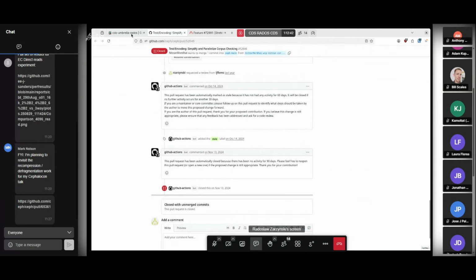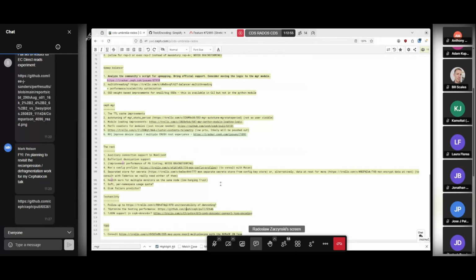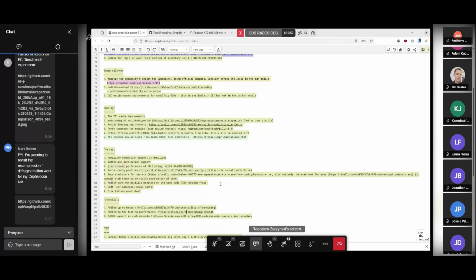We want to restart the effort. And the last thing is adding support for JSON, especially JSON pretty formatting in Ceph encoder.